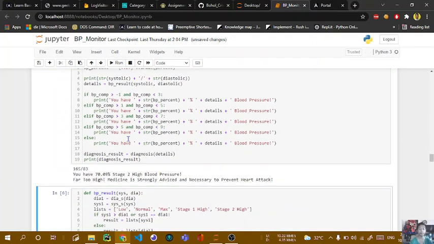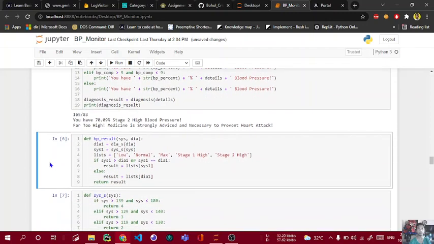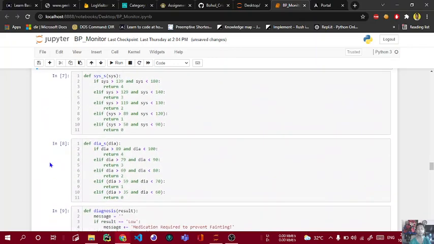You have 70.09% stage 2 high blood pressure. Far too high, medicine is strongly advised and necessary to prevent heart attack. So you have noticed that 165 is in stage 2 high blood pressure, even though we have a low diastolic blood pressure.